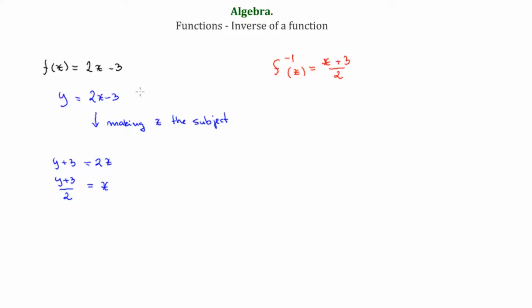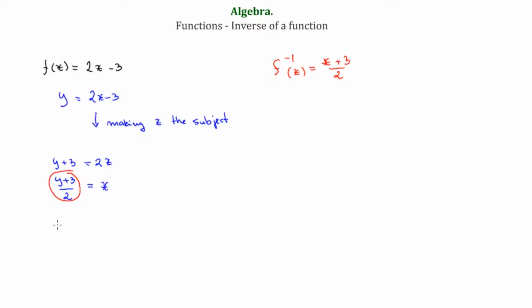So let's recap. f of x we write as y, and we make x the subject. Once we have made x the subject, we find the expression for the inverse of the function f. So f to the power of minus 1 of x, the inverse of f, is x plus 3 over 2.